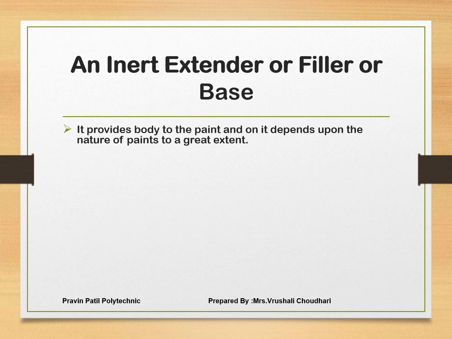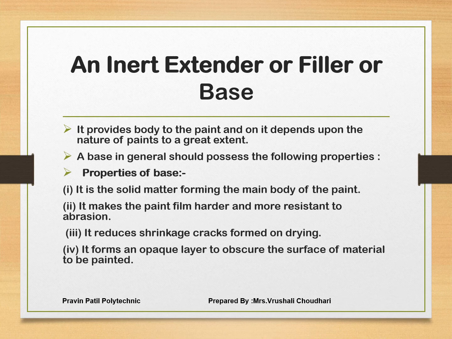They provide body to the paints, and it depends to a great extent upon the nature of the paint. A base is a general substance having the following properties. It is a solid substance forming the main body of the paint.